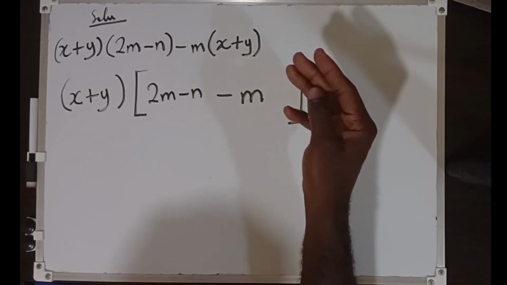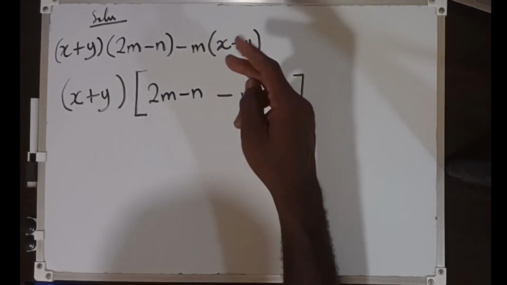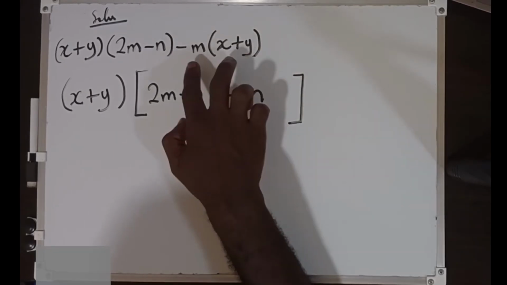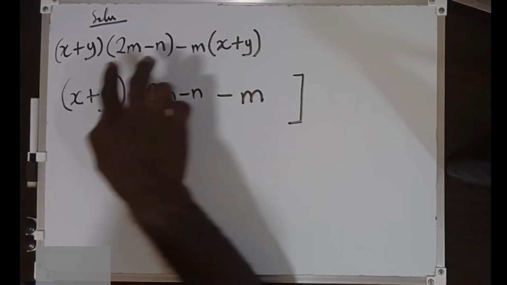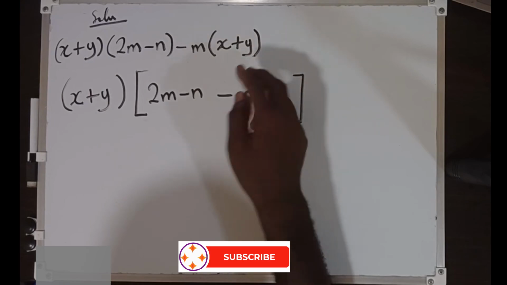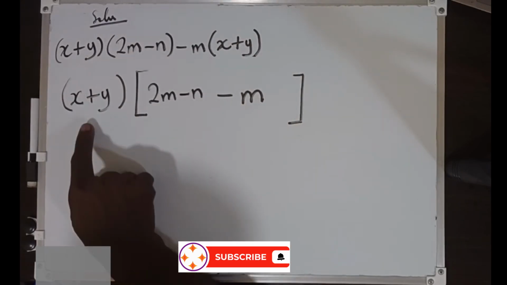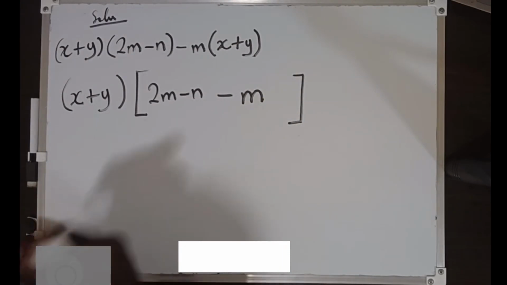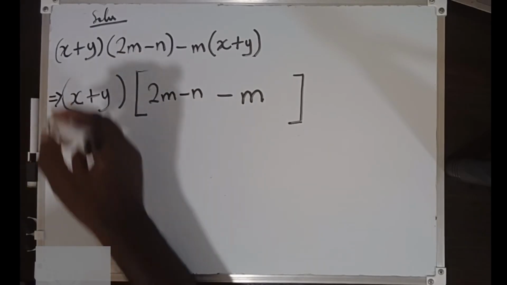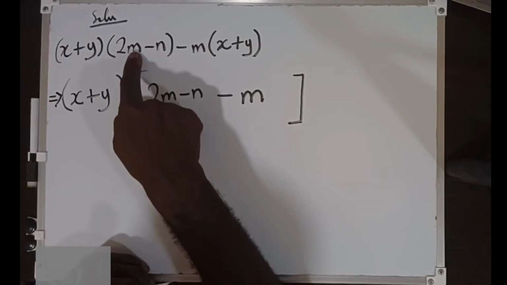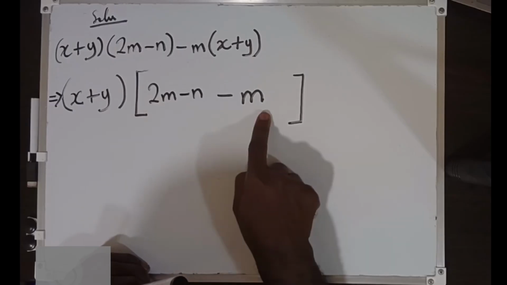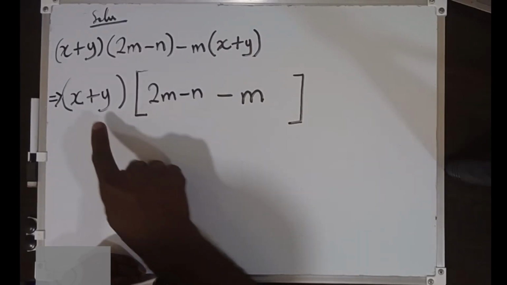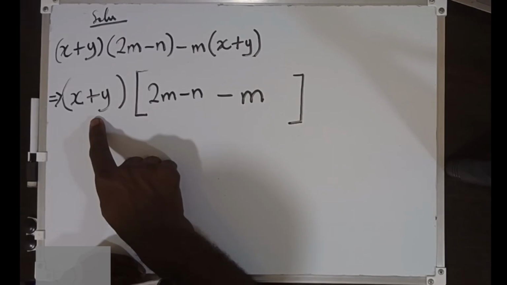So that is what we mean by factorizing. (x + y) becomes a factor of the two terms. So once it is a factor of the two terms, it means I can bring it outside of a bracket, and then whatever is left, I write in the other bracket. So that is why I've written the (x + y) here.